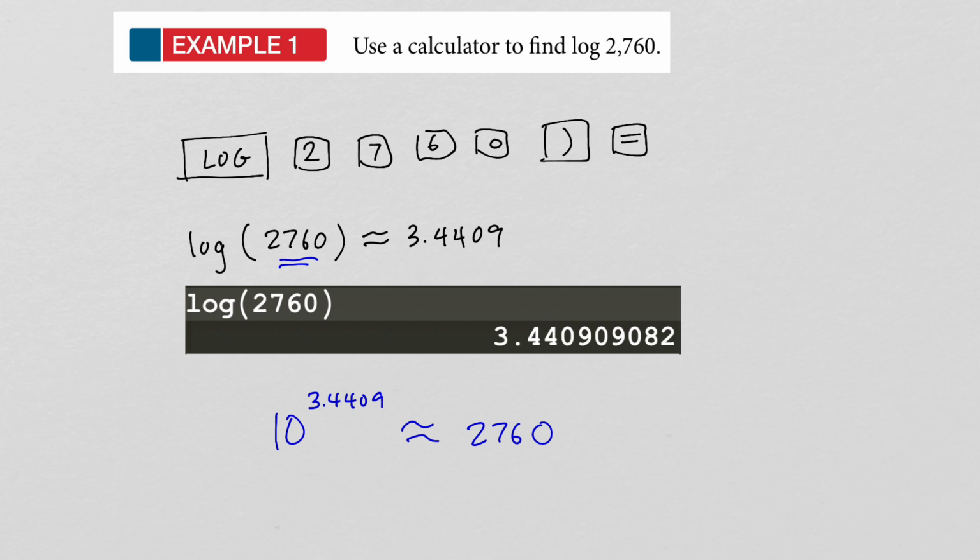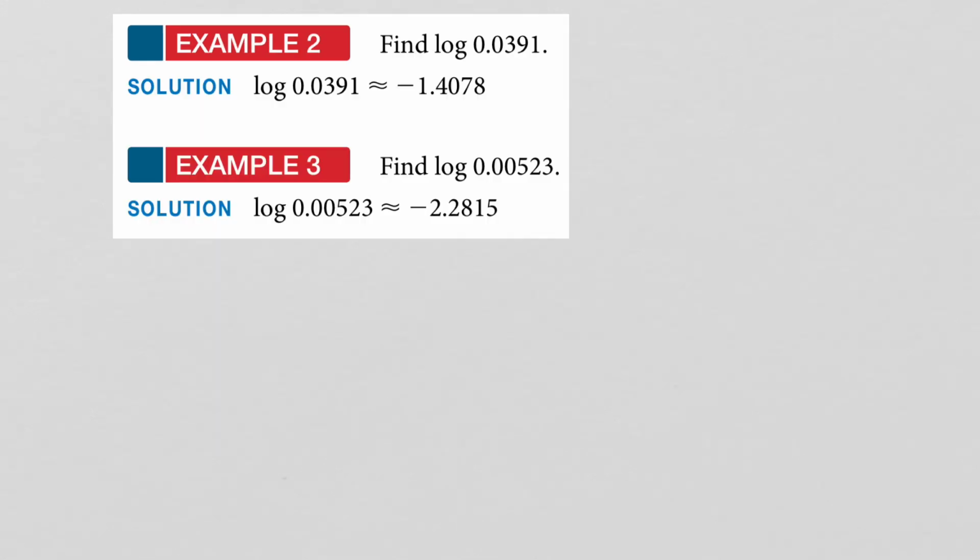Now, I should note that on some calculators, the process is reversed. On some calculators, you actually hit the number first, and then you hit the log button. But on most calculators that are made now, you will type it in like so. So a couple of other examples for you, and if you have a calculator handy, maybe you could just pause the video and check to make sure that you know how to enter this on your calculator.